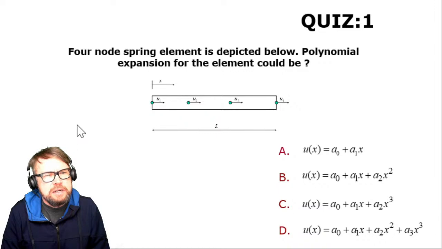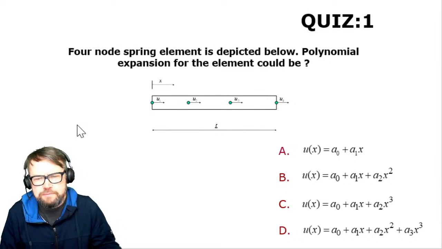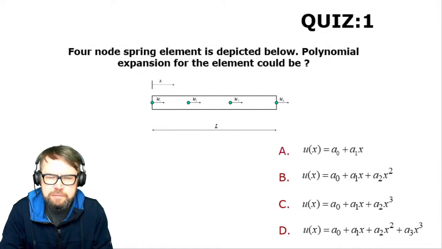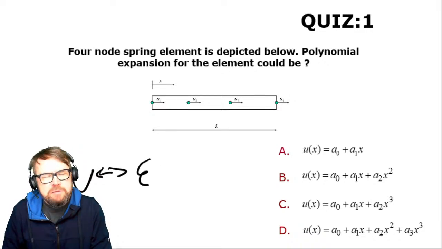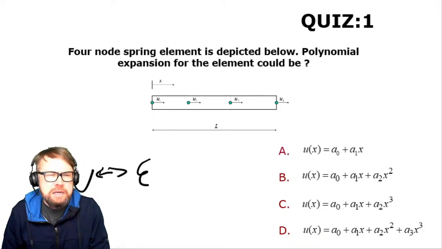We can express something called the stiffness matrix using this information. And what we need for a stiffness matrix is a relation between displacement and strain. And once we have a strain, there are many different ways we can proceed from that.